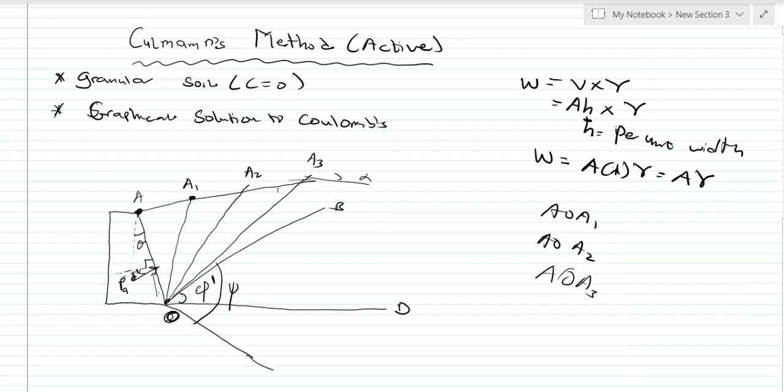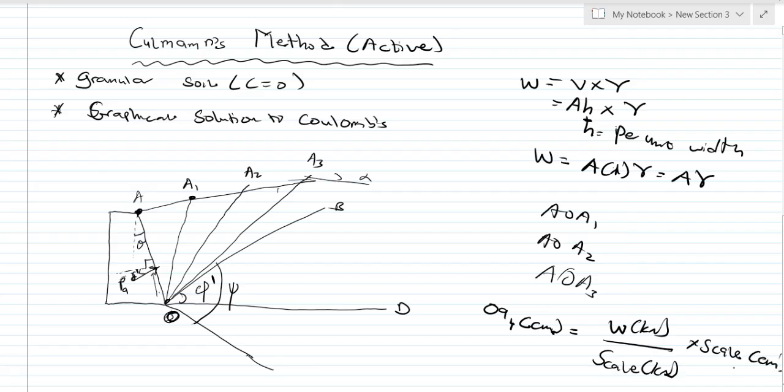Now, after finding your weights, you have to establish a certain scale. You choose a load scale such that OA1 in centimeters is equal to the weight in kilonewton over the scale in kilonewton per centimeter.